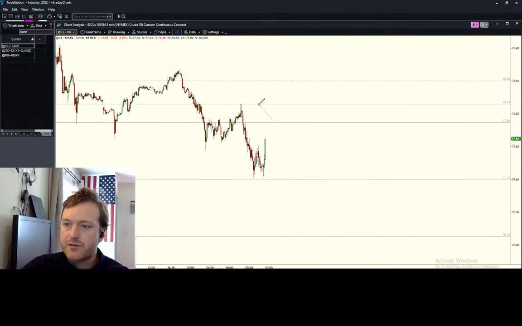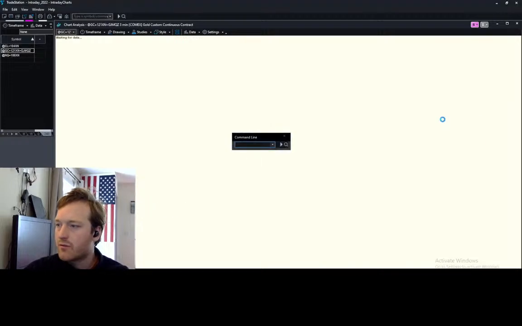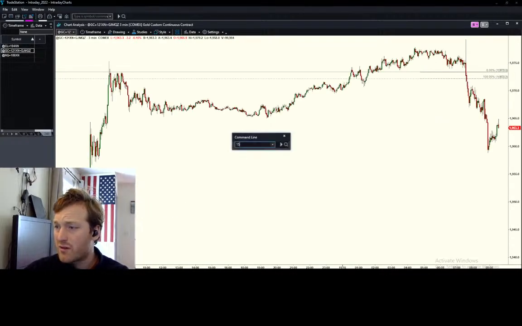If it gets into this region, I'd be short. Gold finally did break out upwards. It's coming down more than I thought.